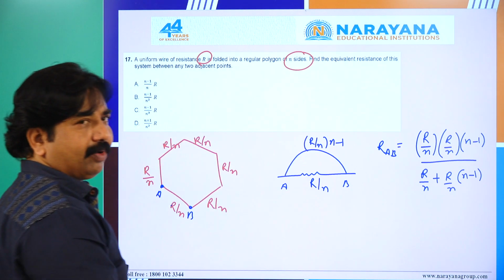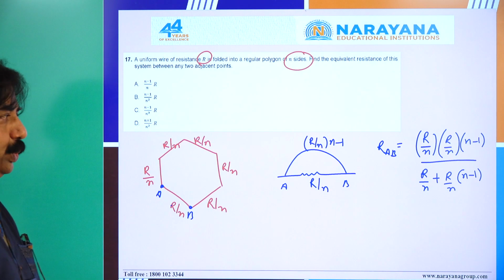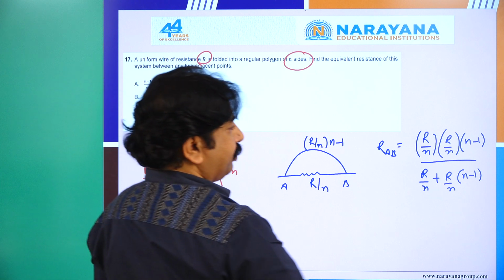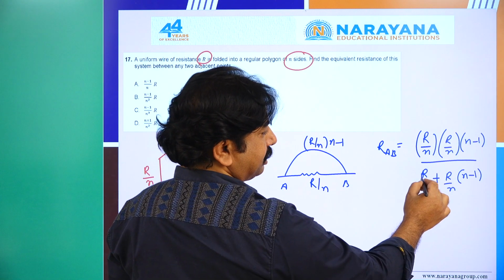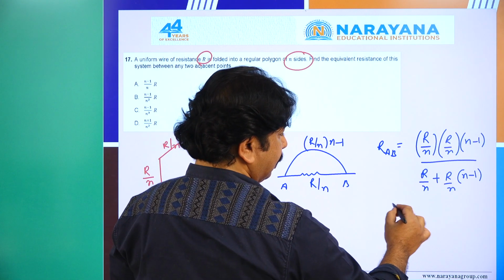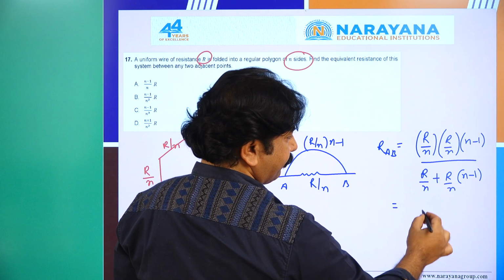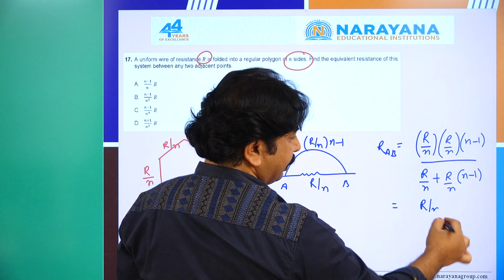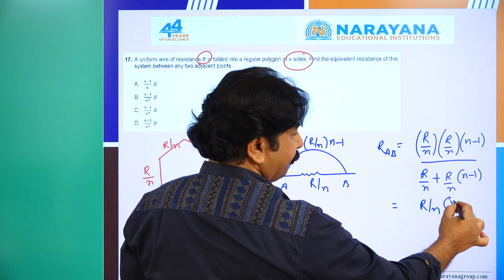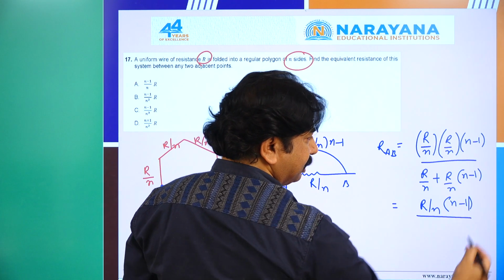Simply it is the formula R1 R2 by R1 plus R2. Already we know. So R by n is taken common and cancelled. Then the remaining factors: R by n of n minus 1 is the remainder in the numerator.